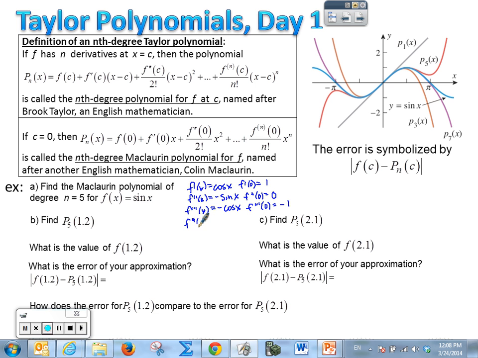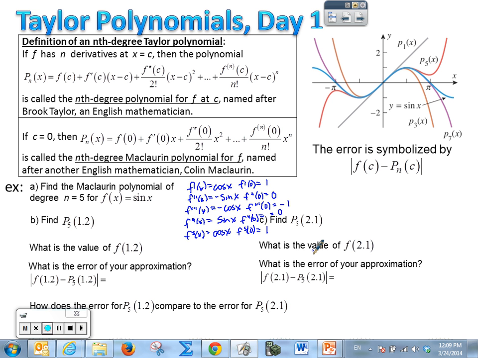So f4 of x: the derivative of negative cosine is positive sine, and my fourth derivative value at 0 is 0. Our last derivative is the fifth one, and the derivative of sine is cosine. My fifth derivative value: cosine of 0 is 1.